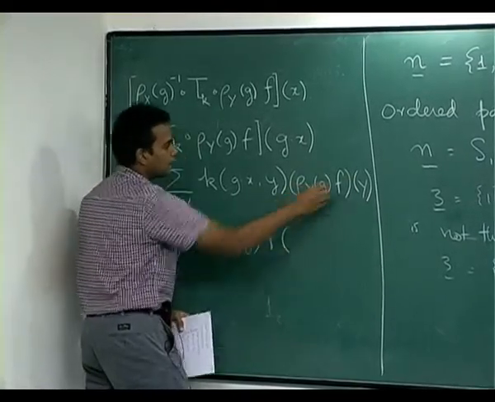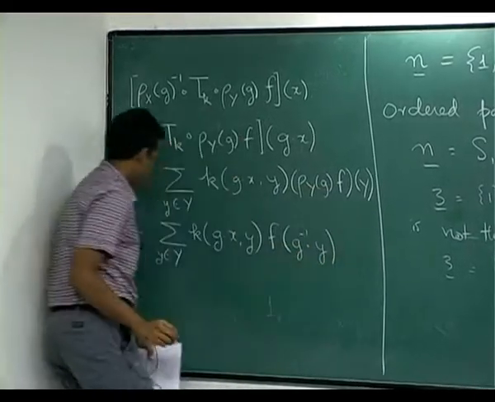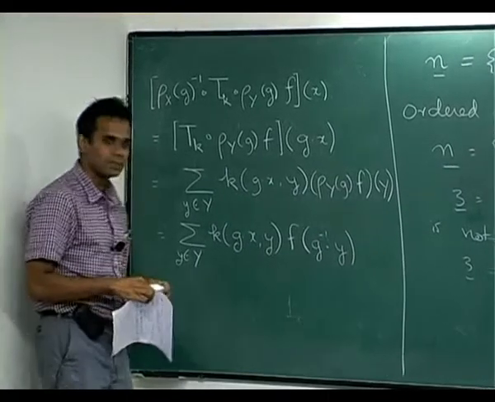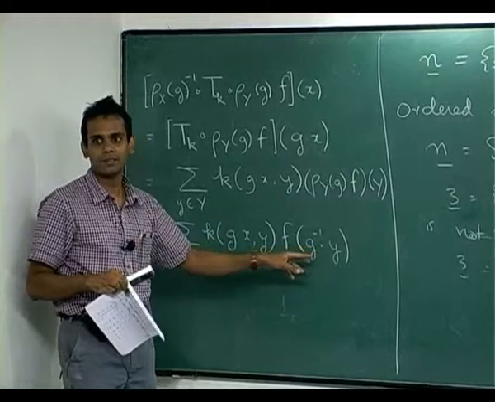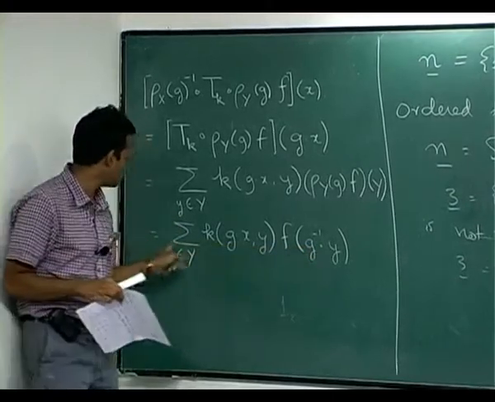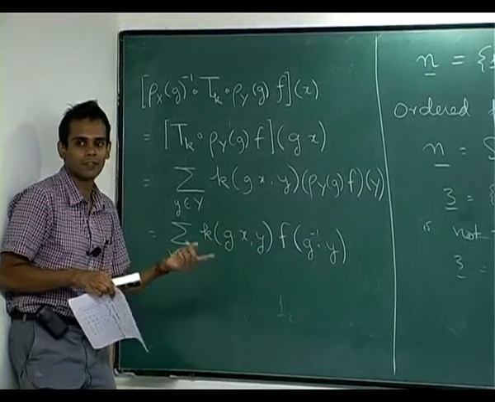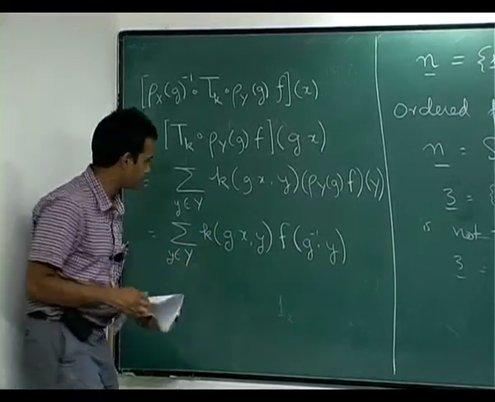So that's f of g inverse dot y. Now we resort to the age-old trick of changing variables from y to g inverse y. As y ranges over the set capital Y, g inverse y will also range over the set capital Y exactly once, because this is a group action.